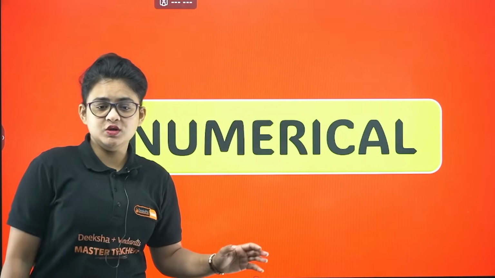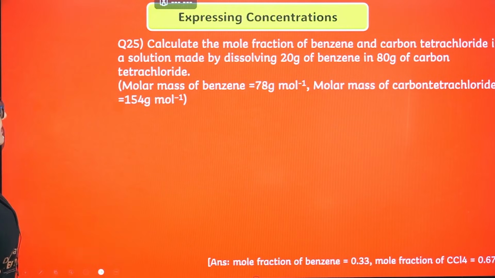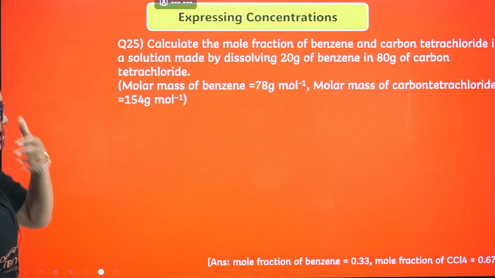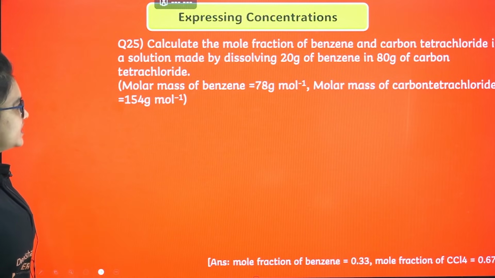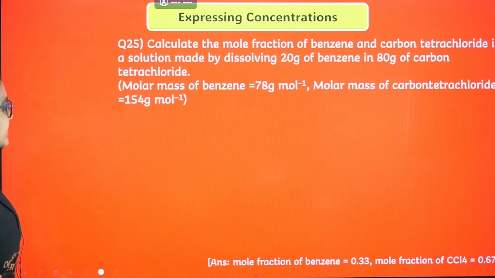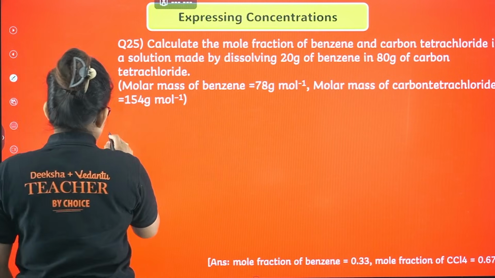Fine, we will proceed with the numerical problems now. Here you can see the first question. Calculate the mole fraction of benzene and carbon tetrachloride in a solution made by dissolving 20 gram of benzene in 80 gram of carbon tetrachloride. Okay, let's do it. Let's calculate the number of moles of benzene first.